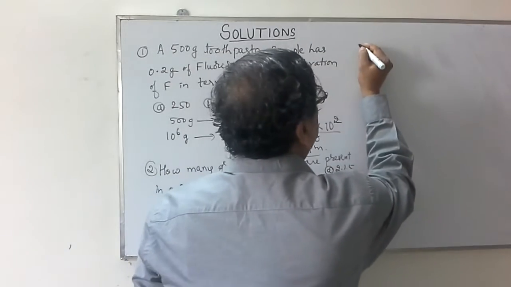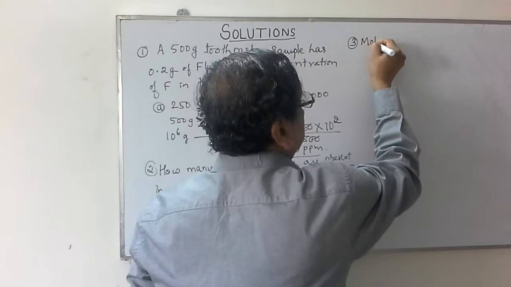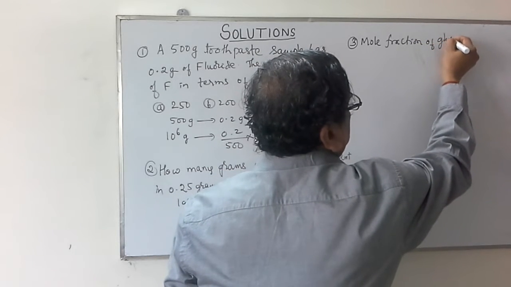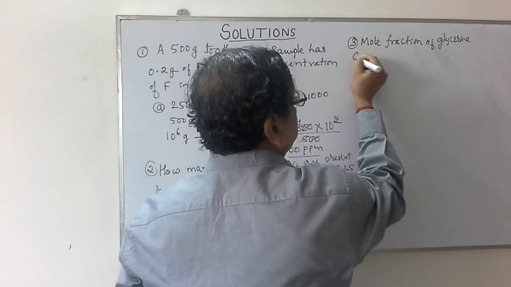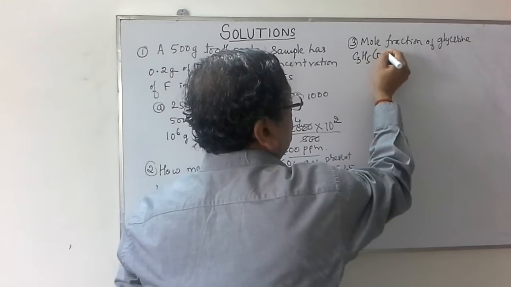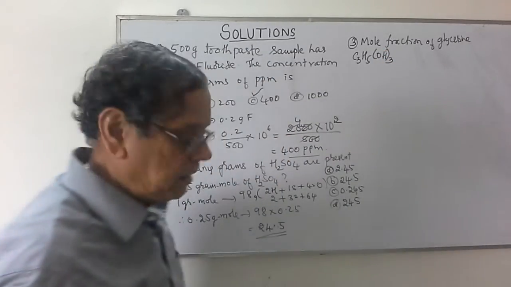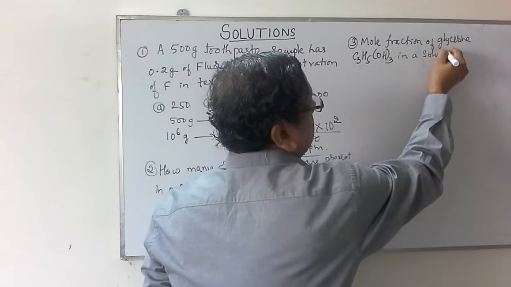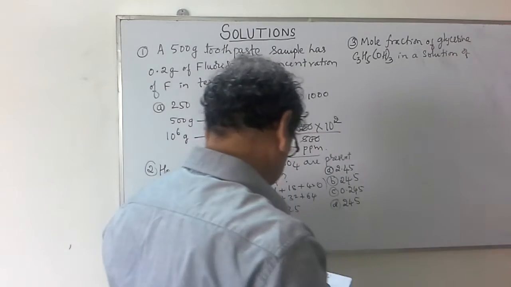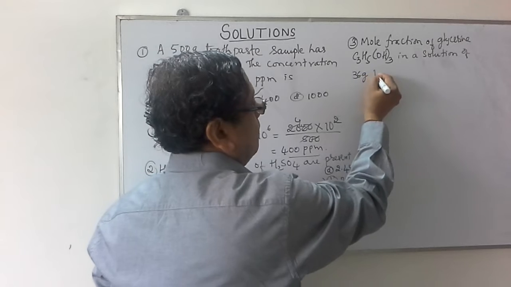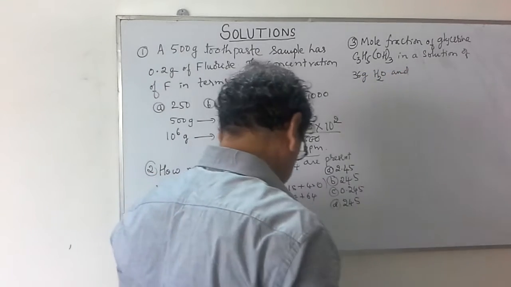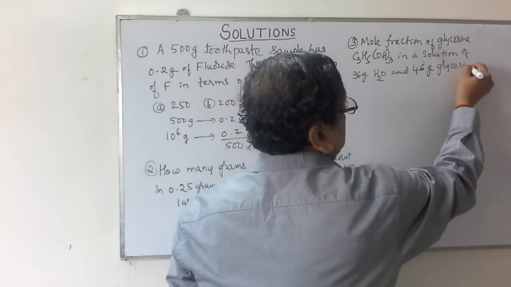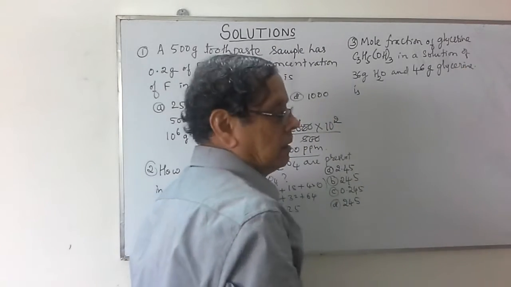The next one: the mole fraction of glycerin, having the molecular formula C3H5(OH)3, in a solution of 36 grams of water and 46 grams of glycerin is dash.